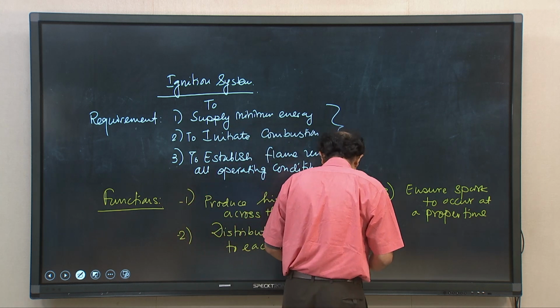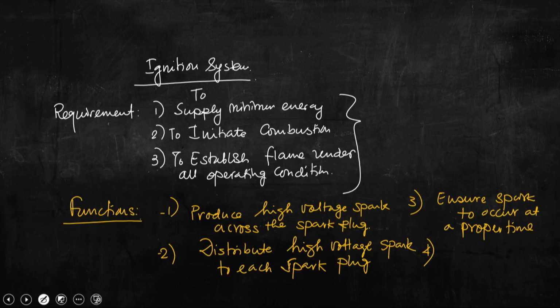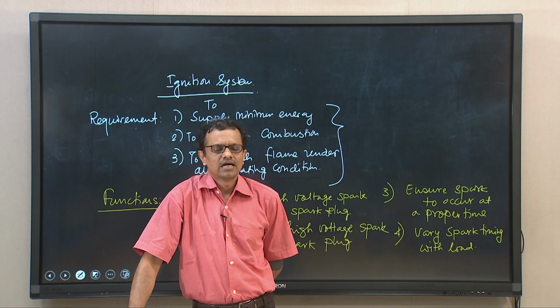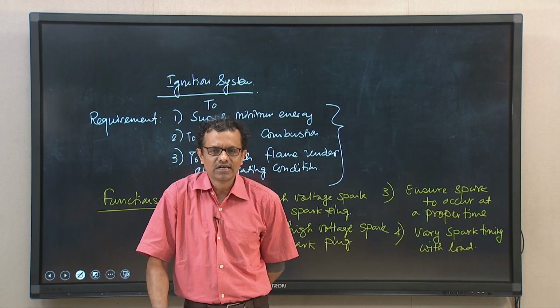And the most important function is, it will allow to vary spark timing with load, because it will not always be the case that the engine will operate at a design condition.